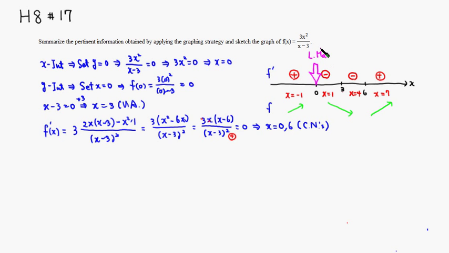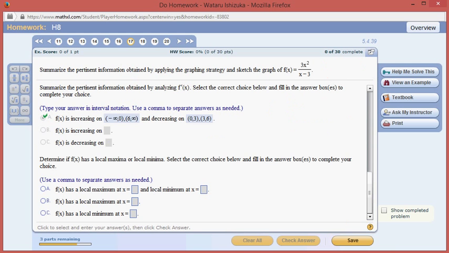Then at 3 it's not defined, so we wouldn't have a local maximum or minimum. But here, it's decreasing, turning into increasing, so you're going to have a local minimum there. So local max at 0, local minimum at 6.